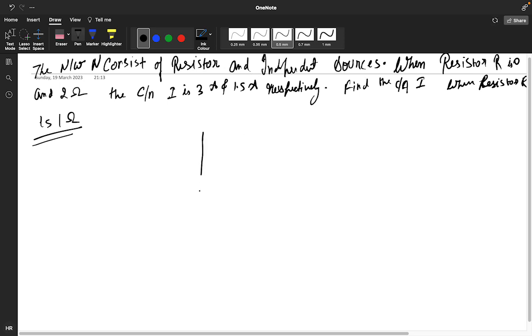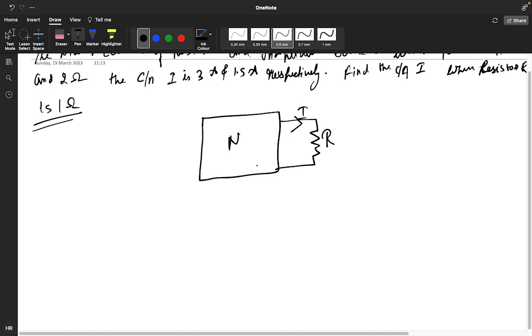So suppose you have a network like this. This is your network, and this is your resistor R. So the figure is given like this. Okay. So how will you solve this question?